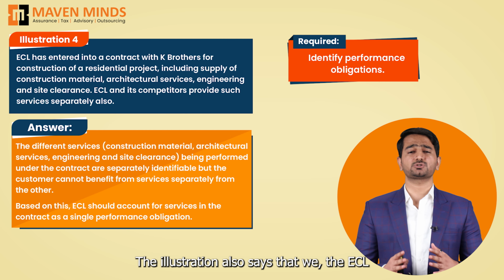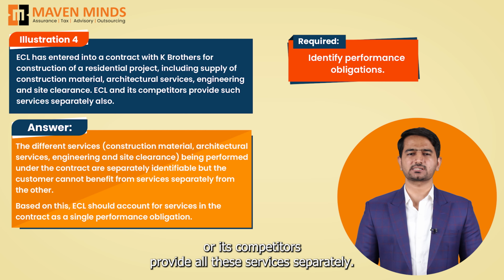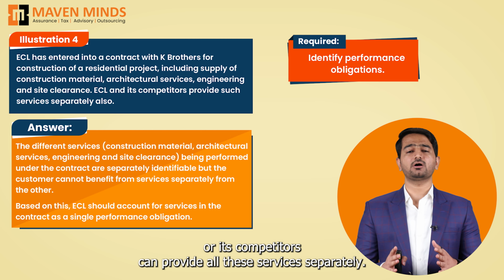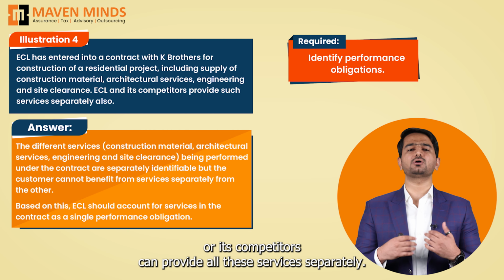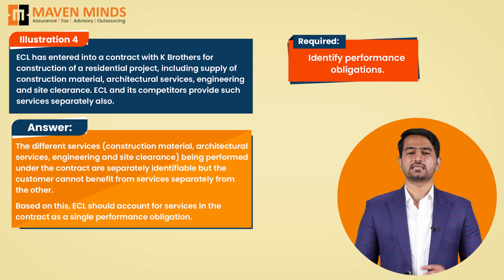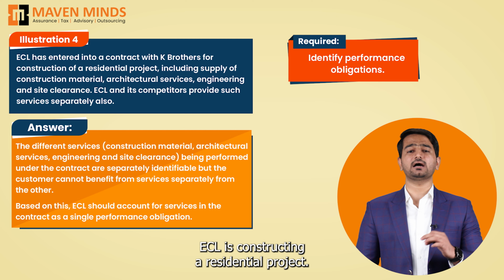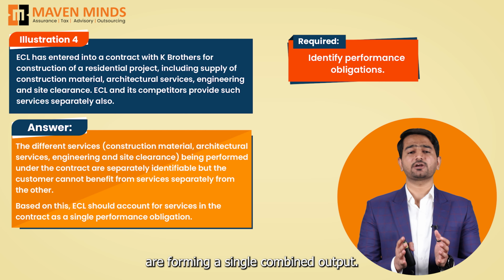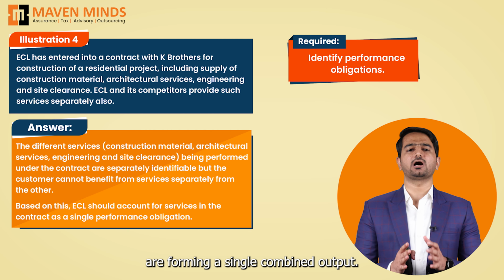The illustration also says that we, ECL, or its competitors provide all these services separately. Now, even though ECL or its competitors can provide all these services separately, in the given illustration, with all these services, ECL is constructing a residential project. This means that all those services together are forming a single combined output.